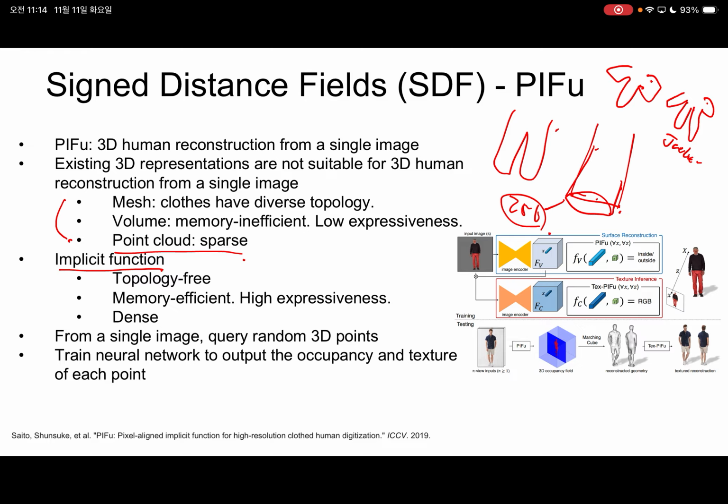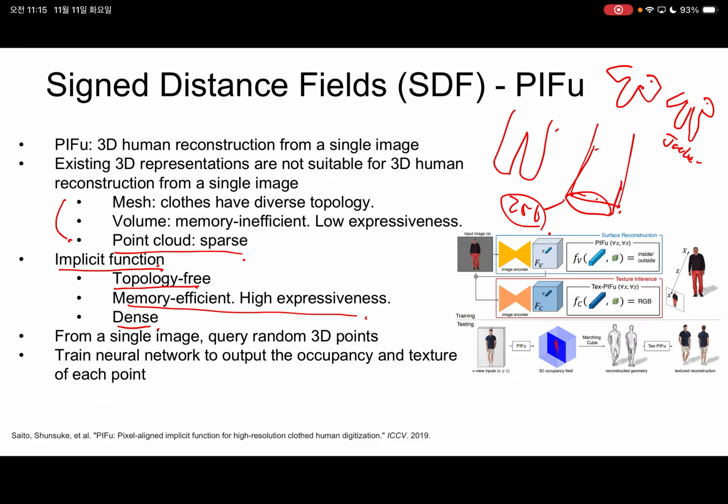But an implicit function is topology free, so it can represent any type of clothes. At the same time, it is memory efficient, so we can get high expressiveness. We can get wrinkles of clothes or any geometric pattern of clothes. And it is very dense, so this work shows the good points of implicit functions to represent humans, especially clothes.